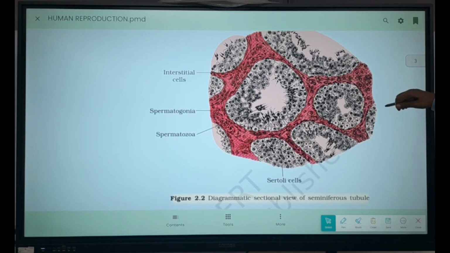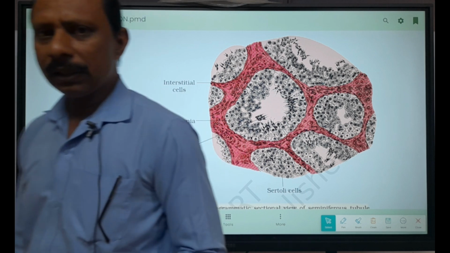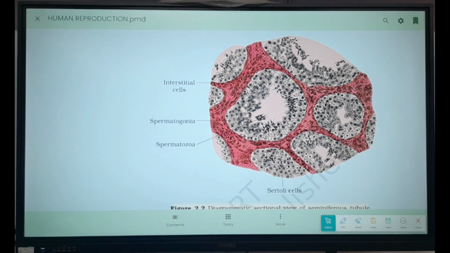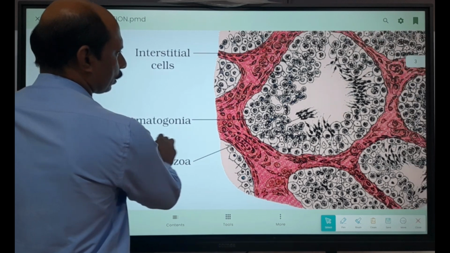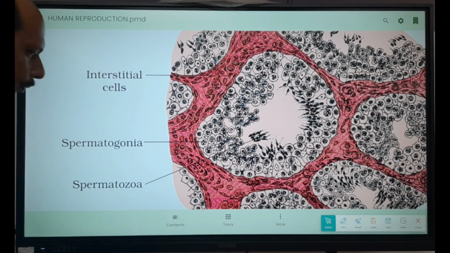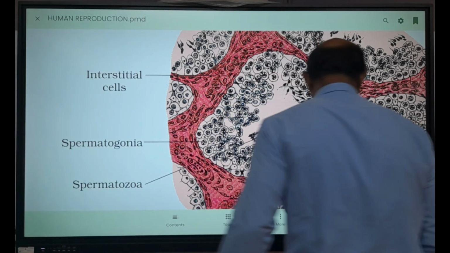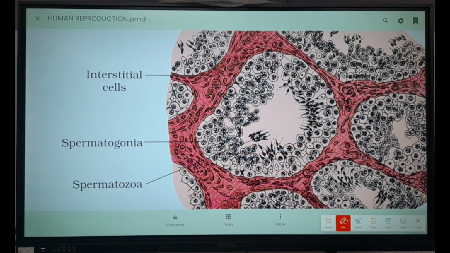And there is a structure in which we can see seminiferous tubules and different cells, right? In this, I think it's not very clear, but at least we can understand the different cells. I will also draw the structure and then tell you which cells are which.